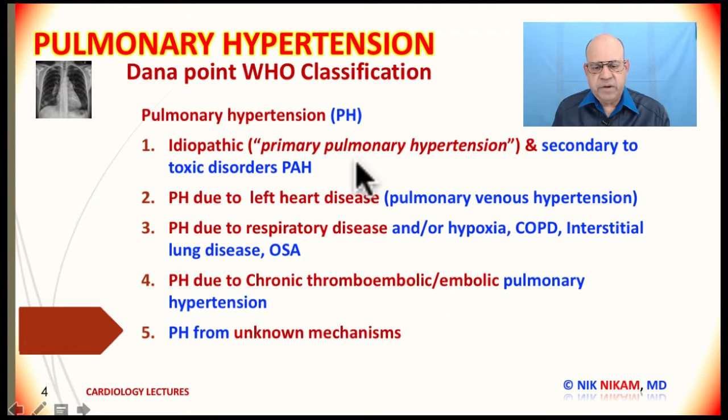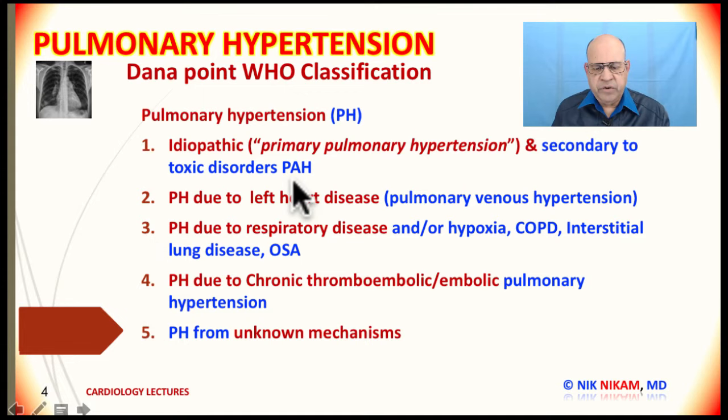Now let's look at the classification of pulmonary hypertension. According to the WHO classification, pulmonary hypertension is broadly divided into 5 major categories.